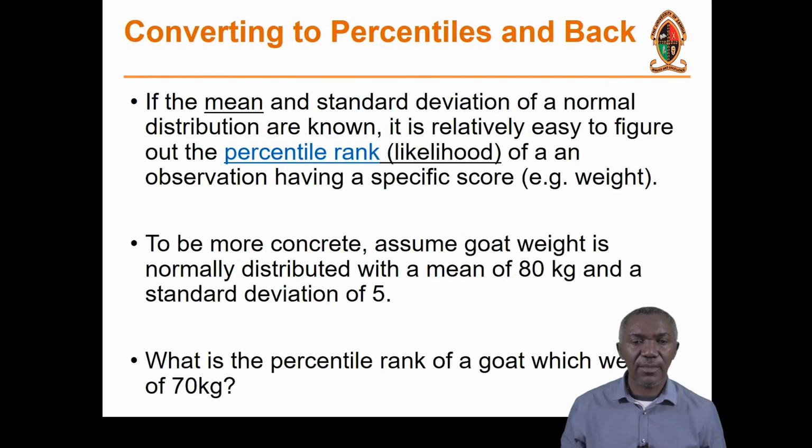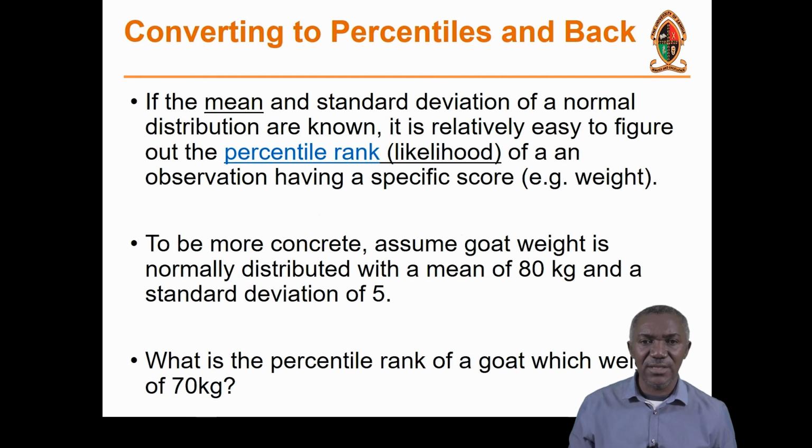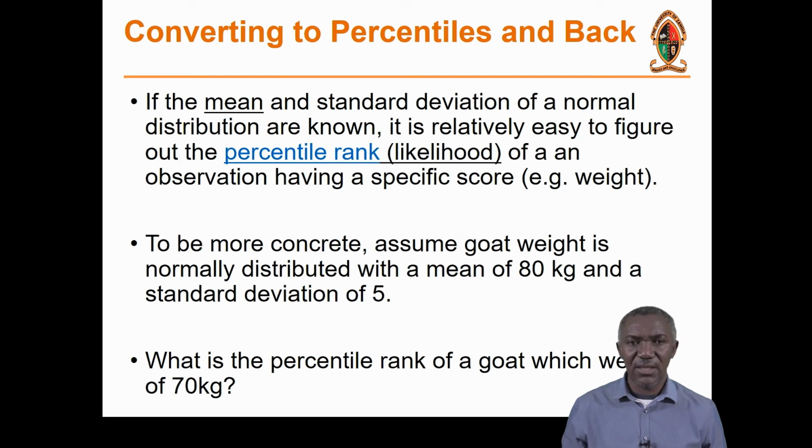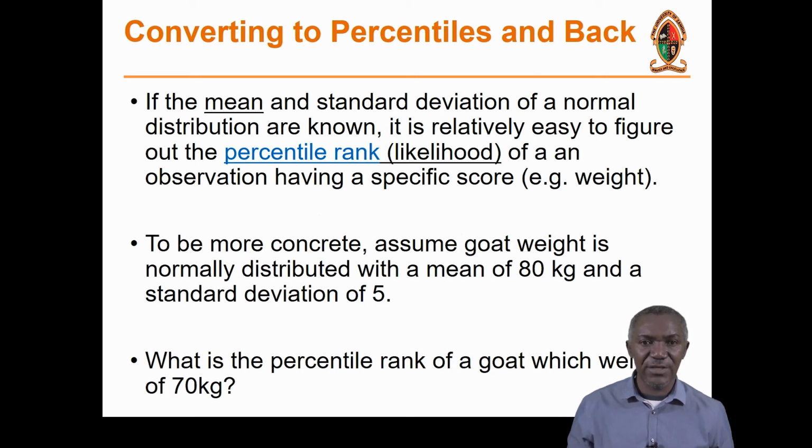We can then use this understanding to estimate the percentile ranks. If the mean and the standard deviation of a normal distribution are known, it is relatively easy to figure out the percentage rank or the likelihood of an observation having a specific score.